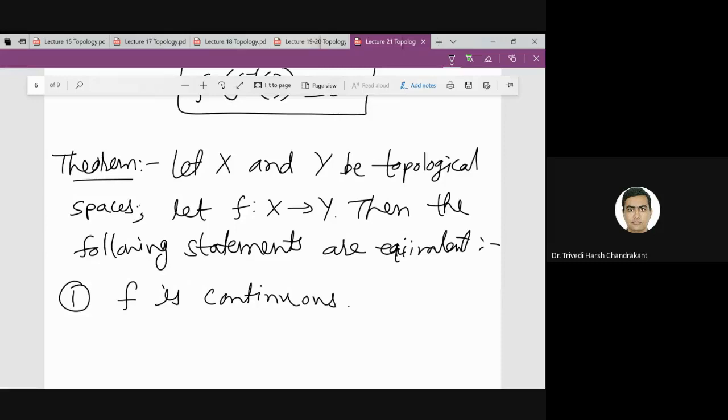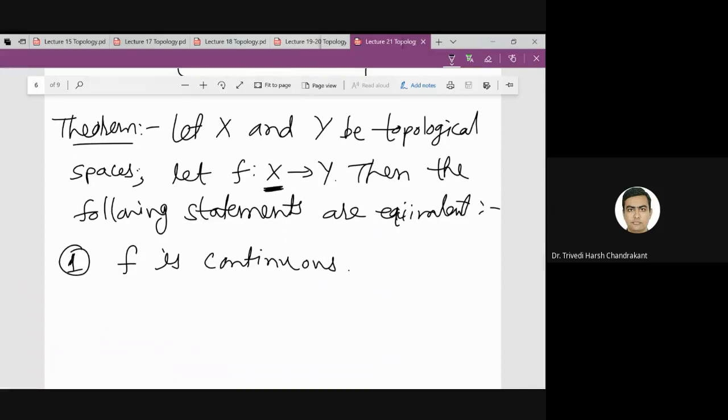When we say f is continuous, it means f is continuous on the whole domain. We are not discussing continuity at a point here. In one of the conditions of this theorem, we will explain the meaning of a function being continuous at a particular point.